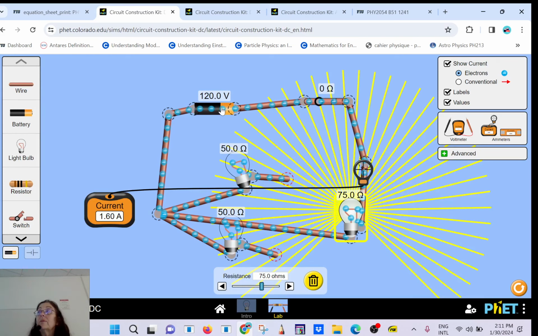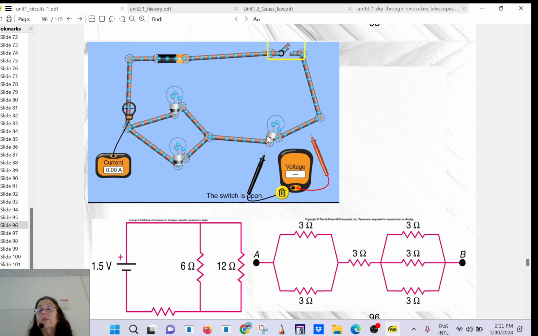The power supply is 120 volts. The current is 1.6. So the energy produced per unit second, the wattage, is 120 times 1.6. So everything happens like you have a big load. This 75 ohms consumes as much energy as the 50, 50 and 50. So that load consumes as much energy as if you cut everything here and replace it by one, which is 75. Is that clear?